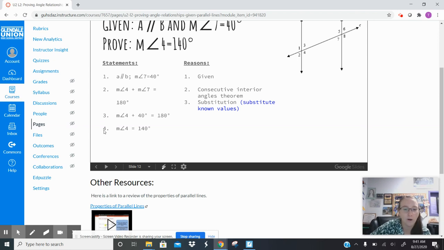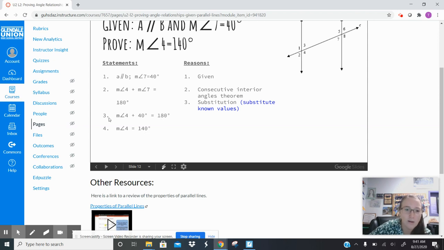Now let's talk 3 to 4. Again, whenever you're trying to figure out the reasons, you need to think, how did I get from this step to the next step? What's my reason? So how did we get from 3 to 4? Well, if we notice what changed, this 40 is gone, right? And now we have 140 on this side.